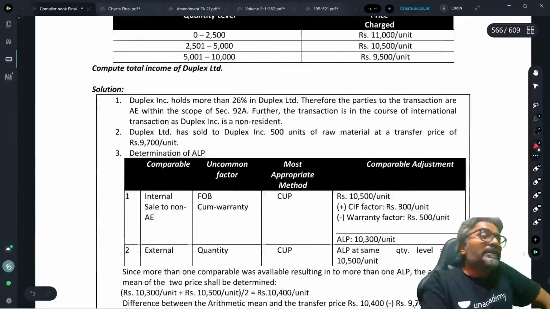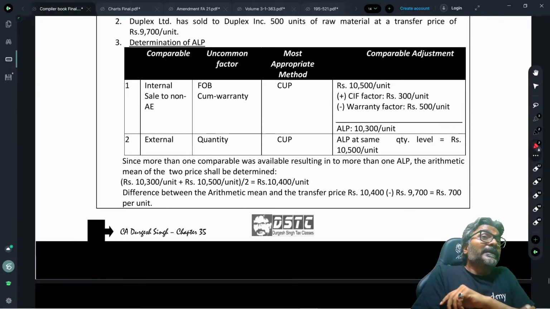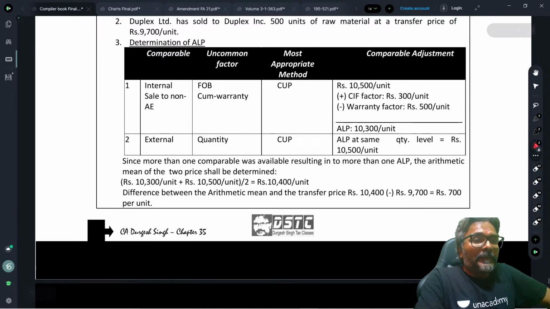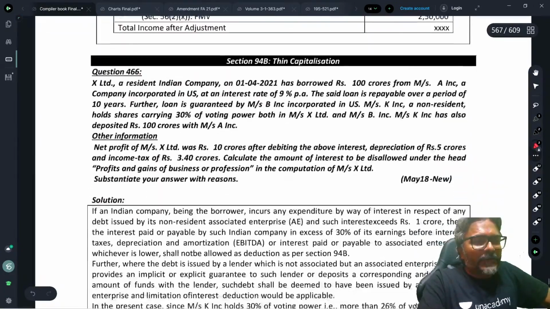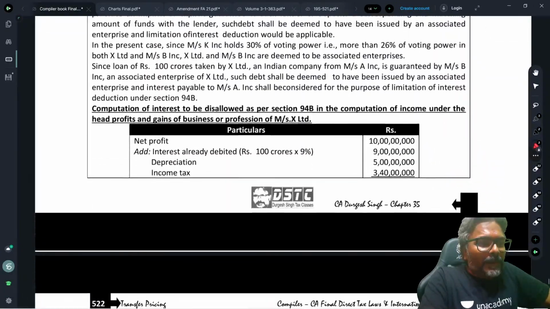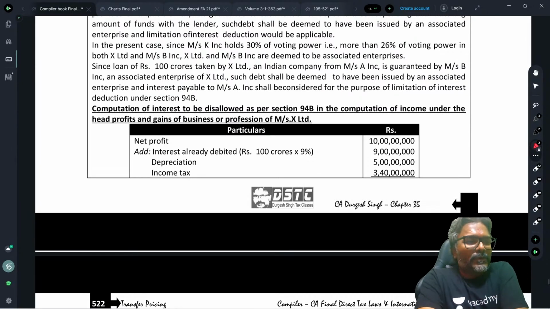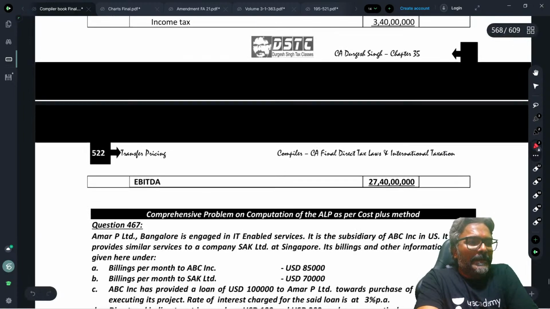Tomorrow, students, I'll do that resale price method question. Tomorrow at 11 o'clock we'll meet up, 11 p.m. at night, 11:15 p.m., and for 2.5 hours tomorrow. So tomorrow we are stretching a bit.